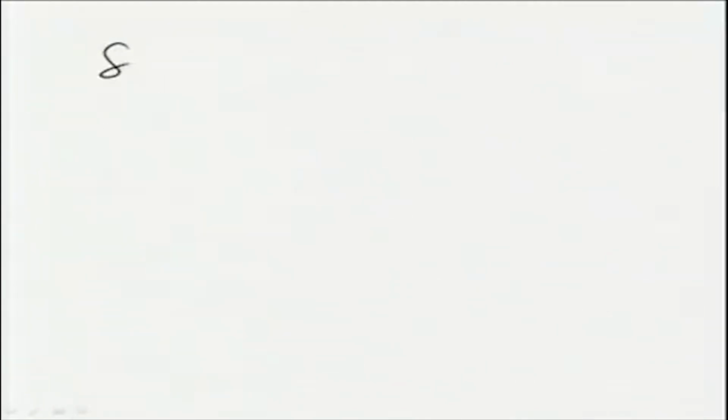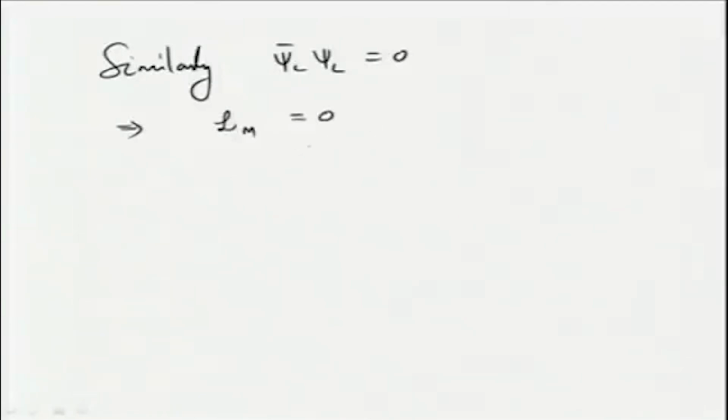Similarly, psi L bar psi L is also equal to 0. So, that tells you that the Lagrangian mass term is equal to 0. You cannot have it, if you want consistency with SU2 symmetry.